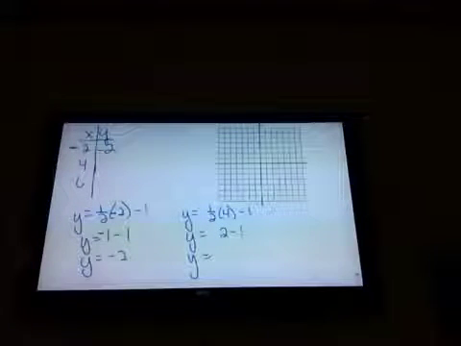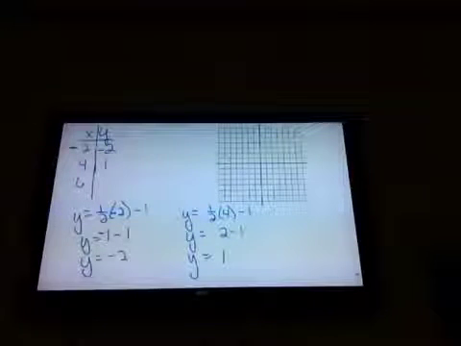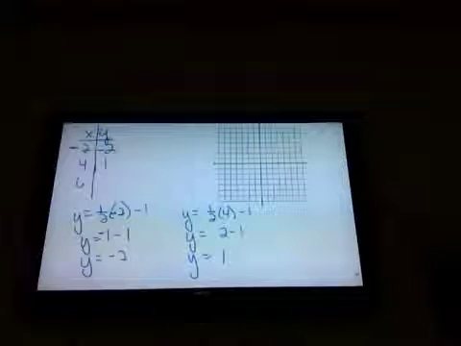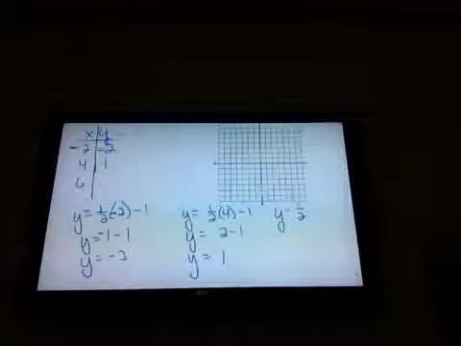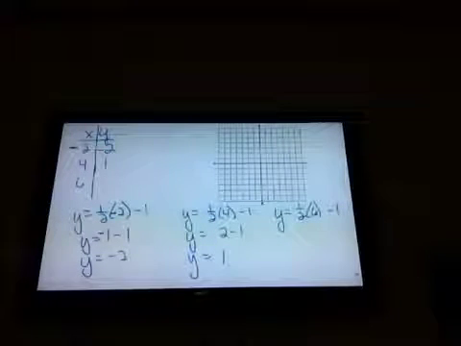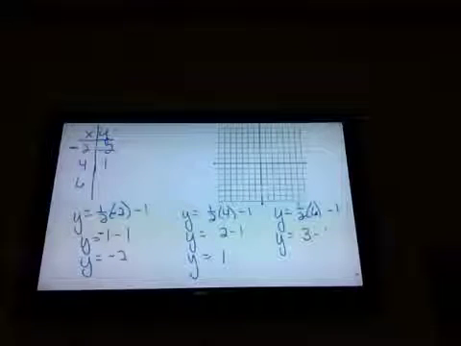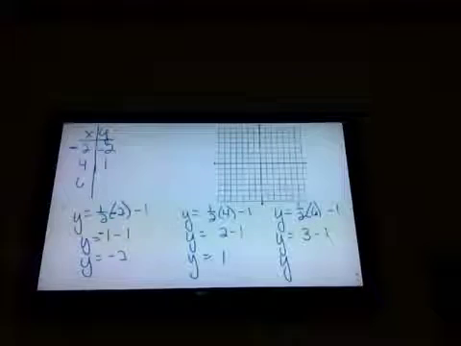So half of 4 is 2, 2 minus 1 is 1. And then my third one, y equals 1/2 times 6 minus 1. 1/2 of 6 is 3 minus 1. 3 minus 1 is 2.